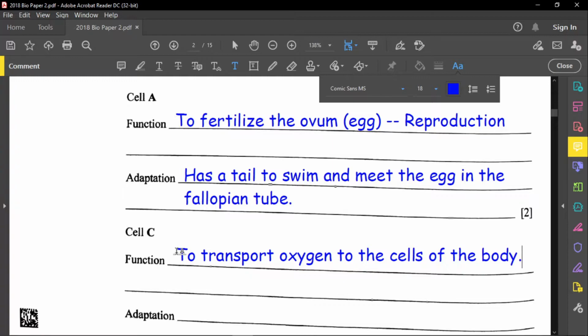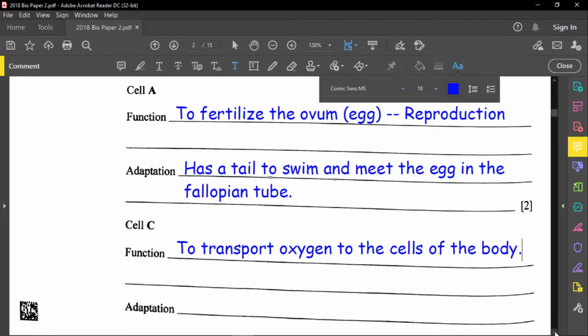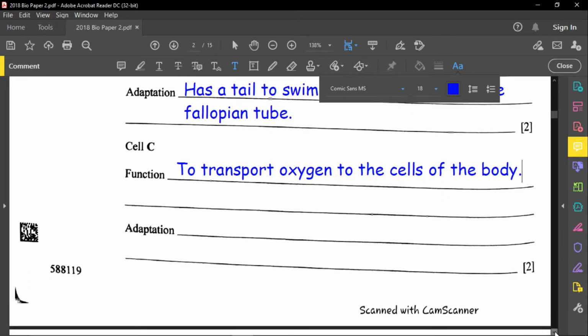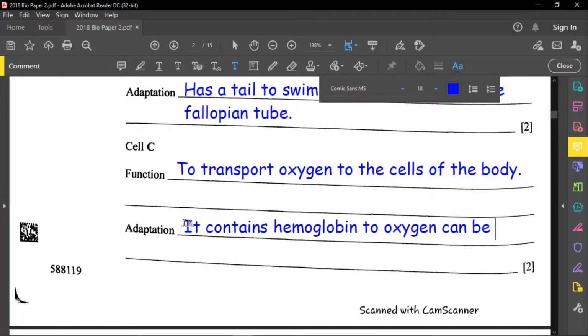All right, great. Now, what is the adaptation here that allows red blood cells to transport oxygen? It is that the red blood cell, cell C, contains hemoglobin, to which oxygen can be attached.